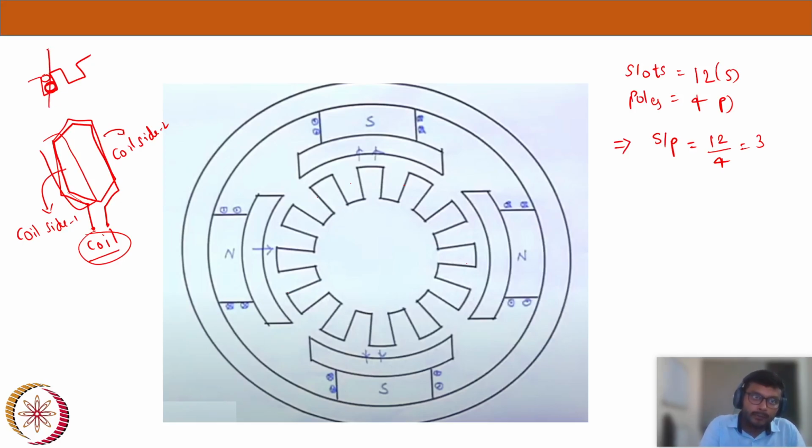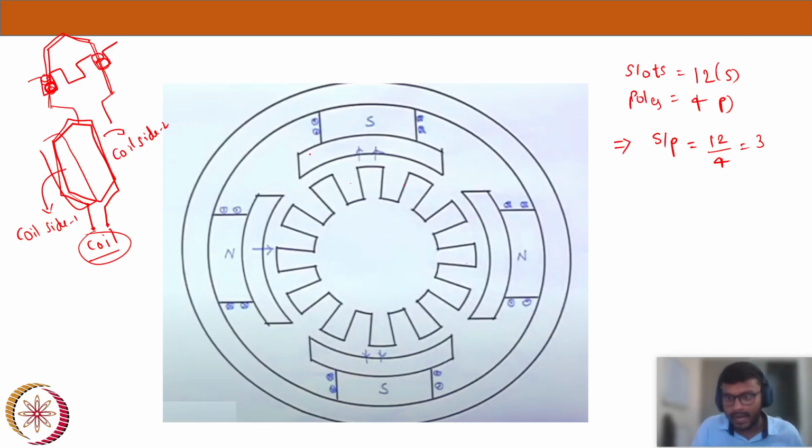I wind it, and let's say this is another slot, and this is coming like this. That is the return path of the coil. This is coming back like this, and these are the terminals of the coil. So that's how you have to imagine the coil sides inside the slot.